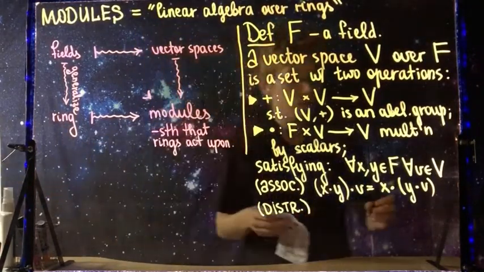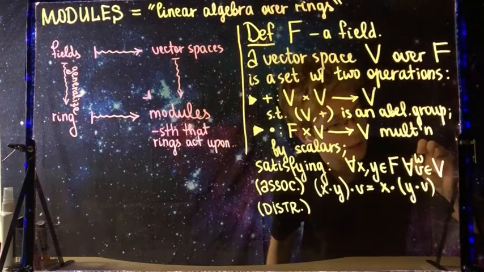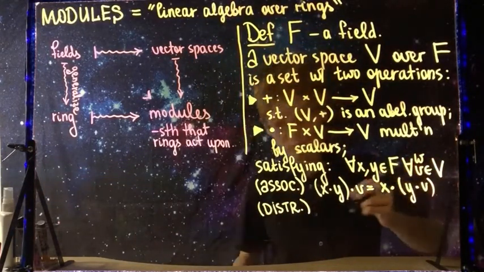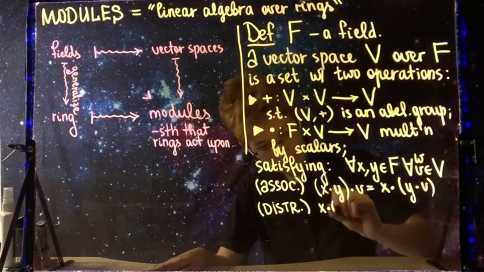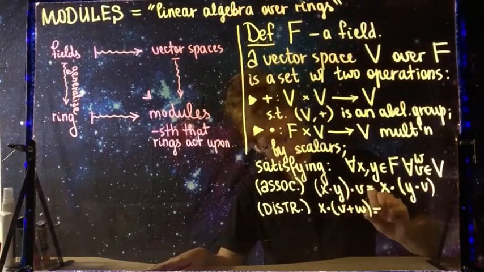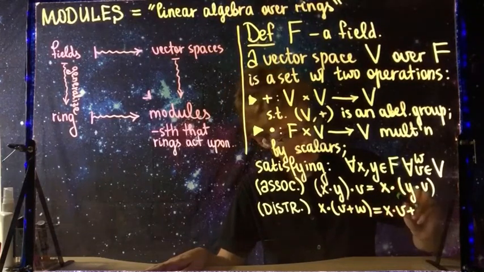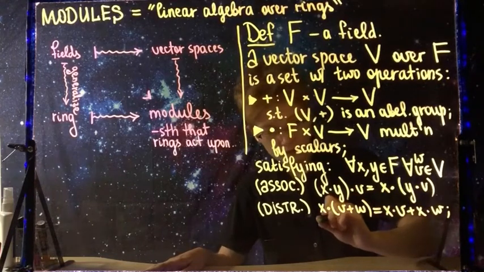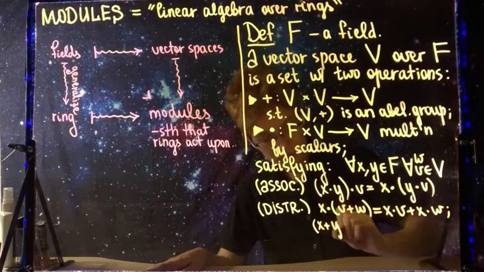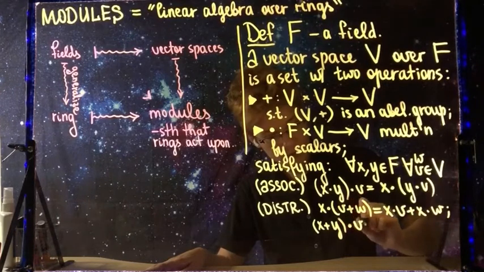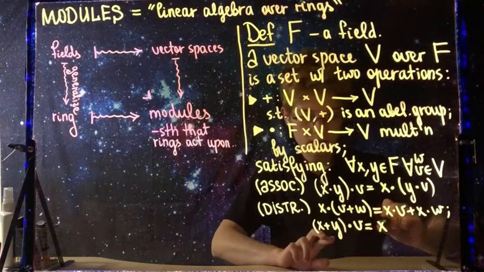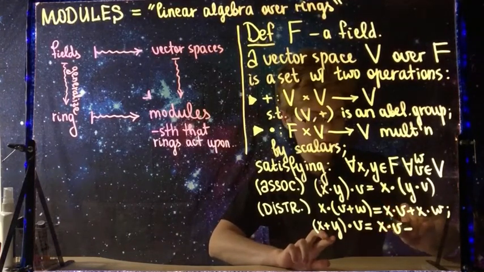So if we also denote the second vector from V by w, we want to have that x times v plus w is equal to x times v plus x times w. And similarly, x plus y times v, so we want to distribute over the sum of scalars, is x times v plus y times v.